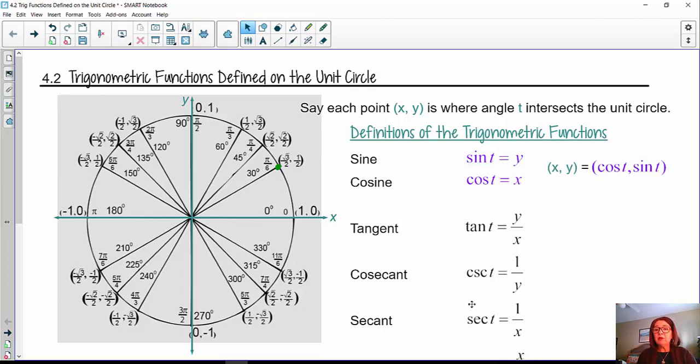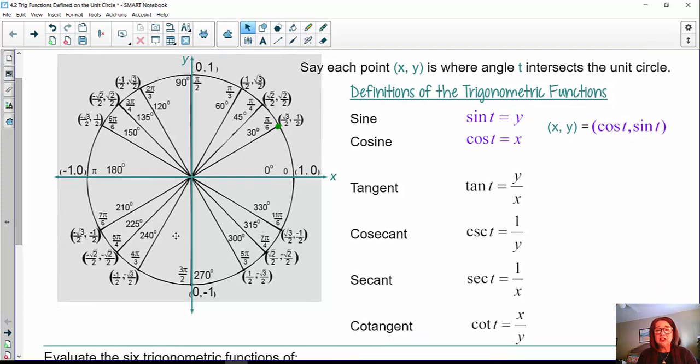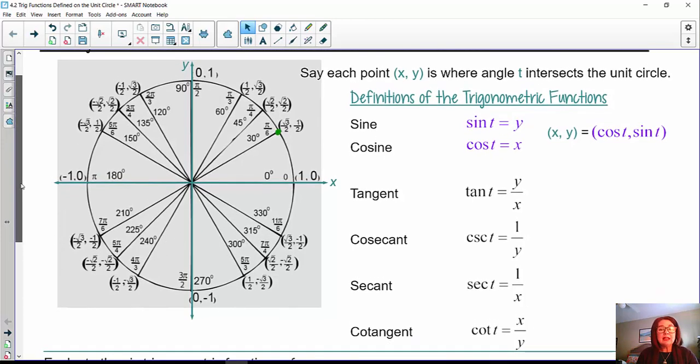You see these here, and we're going to walk through each of these. So there are 6 trigonometric functions: the sine, the cosine, the tangent, the cosecant, the secant, and then if we scroll down a little bit here, we'll see the cotangent. And each of these can be found by using these ordered pairs on the circle.